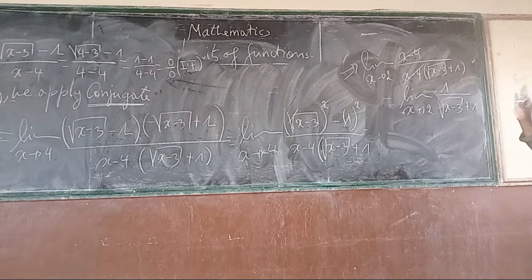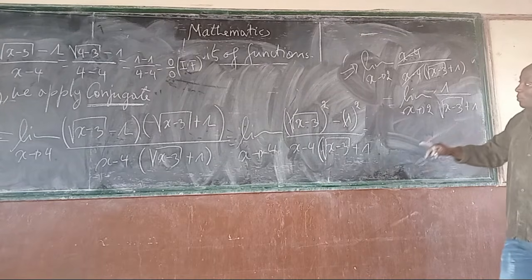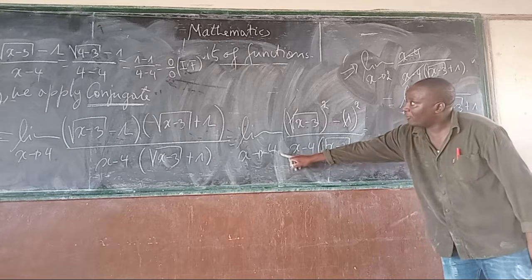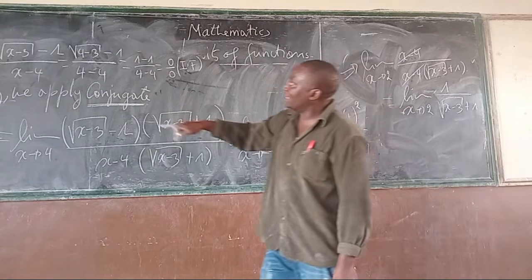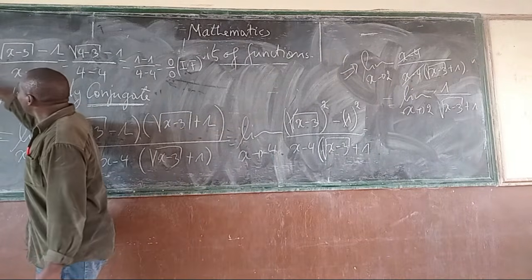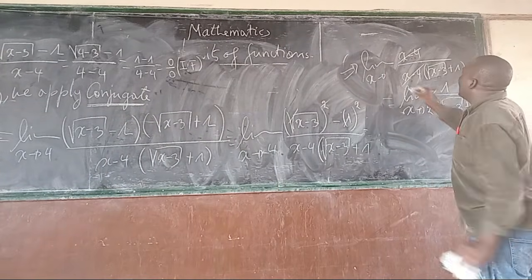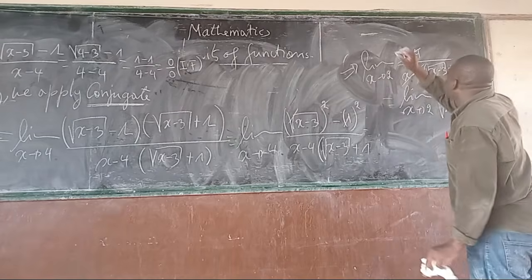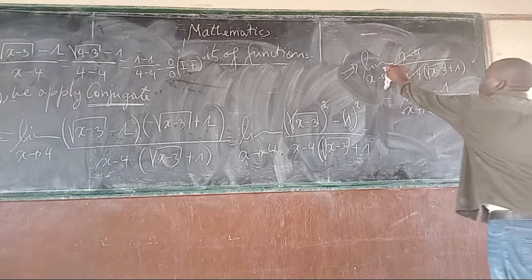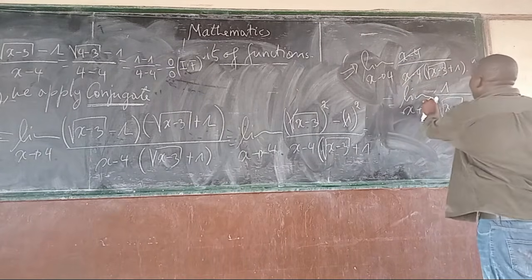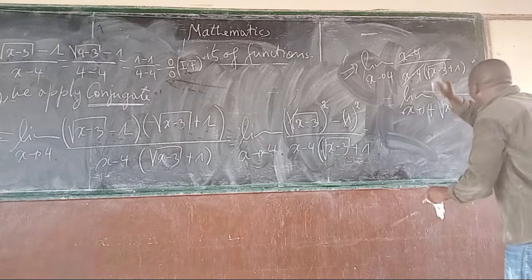Teachers, as you see me clearly here, we make a mistake. x tends to 4, from my given question, look at here. x tends to 4, not 2. Here, I make a mistake. x tends to 4, not 2. Again here, x tends to 4.